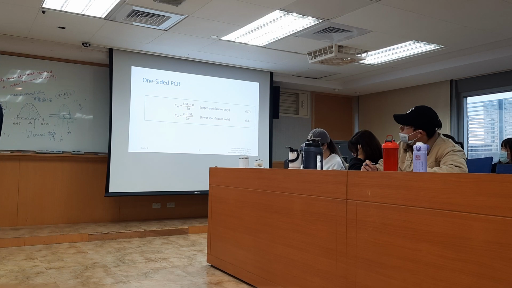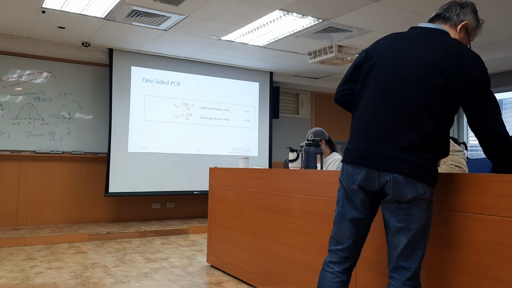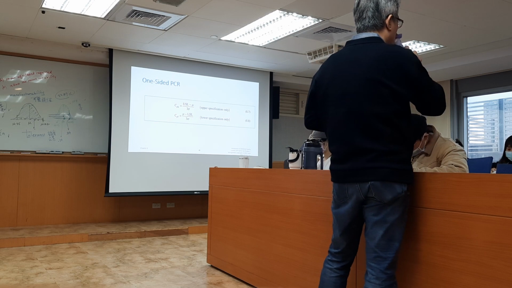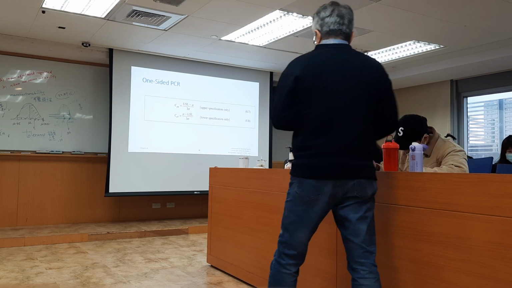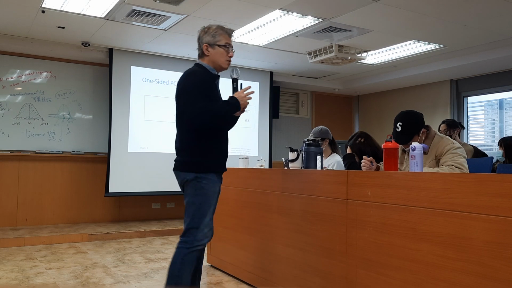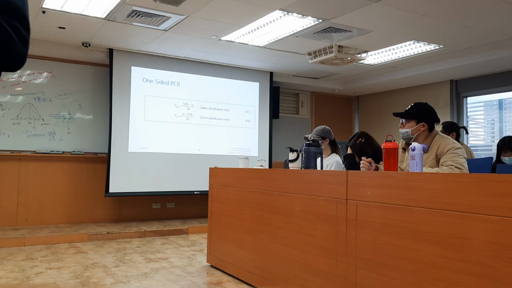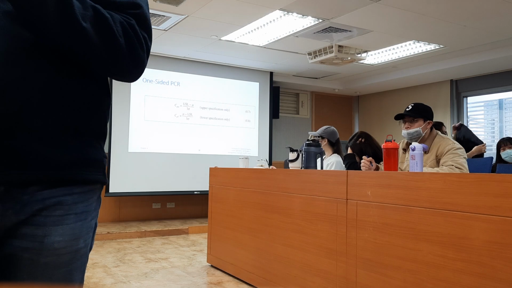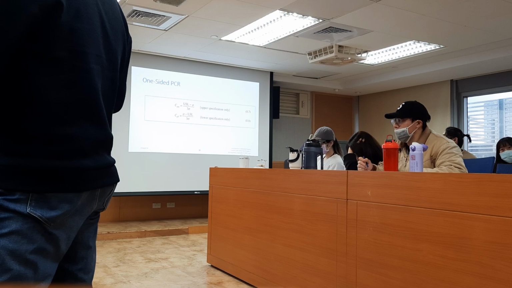So one-sided PCR: move to the bottom of page 324. Upper specification limit minus mu, divided by 3 sigma. Now we consider two-sided; we just cut it in half, one-sided upper and lower. The upper is the upper specification limit minus mu divided by 3 sigma.